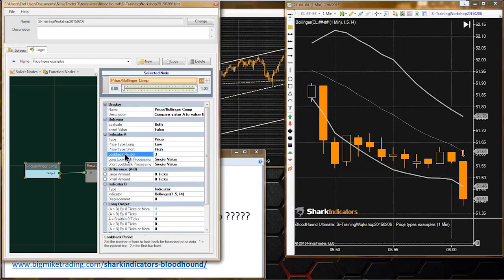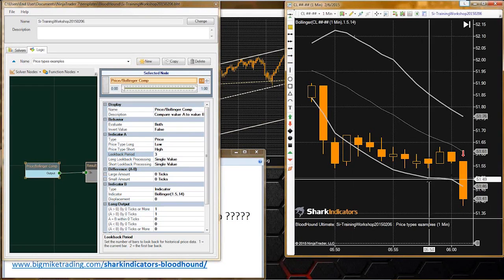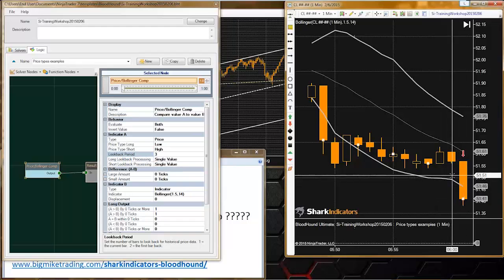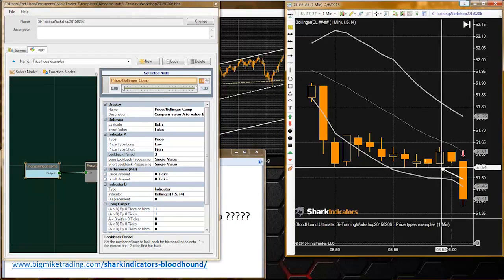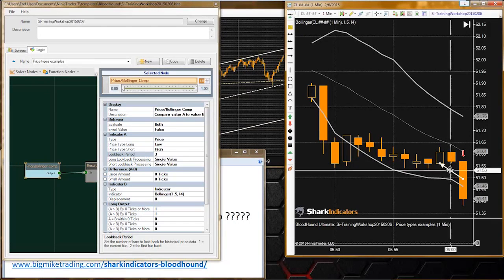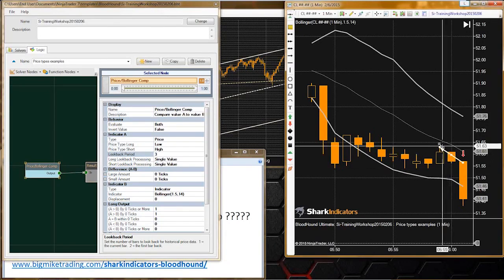When we set a look back period of 3, what we are literally doing, like the name implies, is looking back. From this bar, we're looking back to this bar here. So we're actually looking at the high of this third bar back.